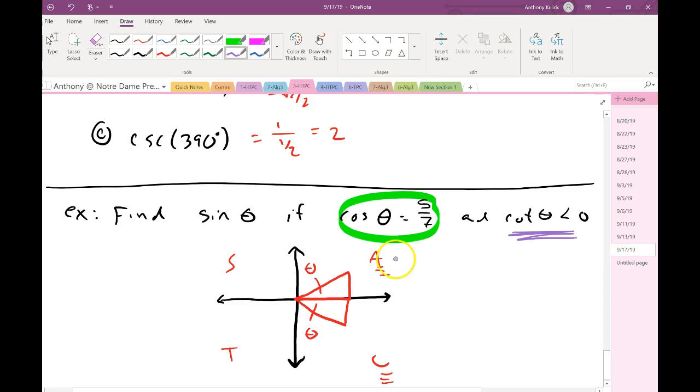So in the first quadrant, sine, cosine, and tangent are all positive. If tangent's positive, what do I know about its reciprocal? Also got to be positive, right? Down here, tangent is negative, which implies that cotangent is also negative, right? So I don't care about this triangle. The one I care about is this one down here.